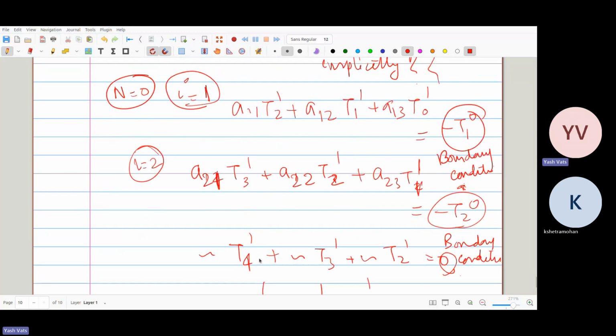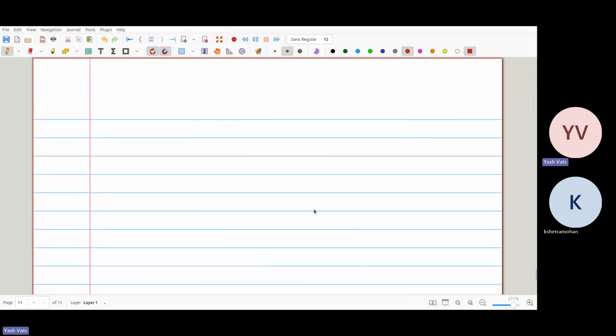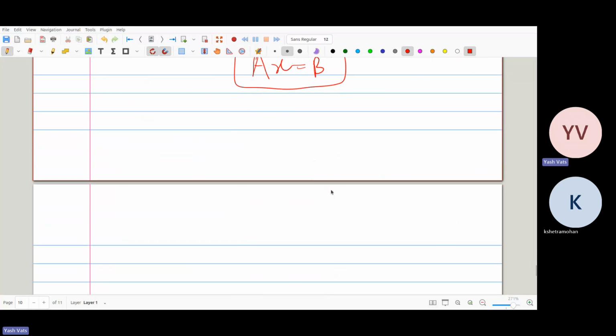So you end up having a matrix which is like capital AX is equal to B, where A is your tridiagonal matrix.